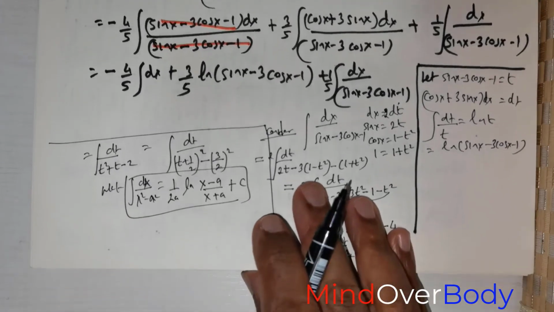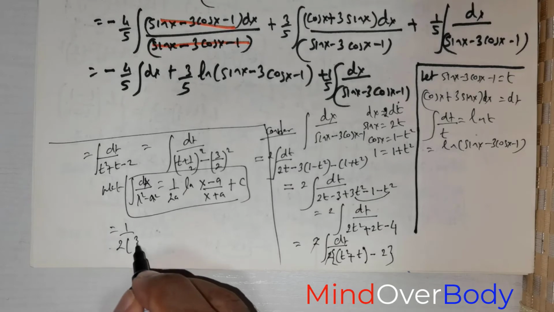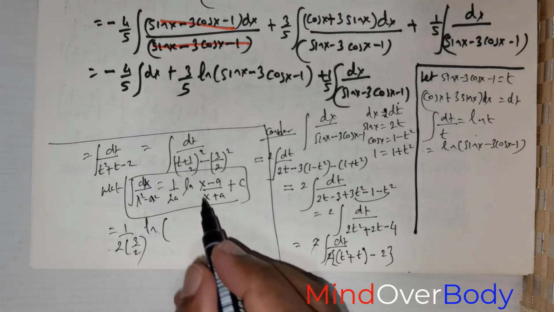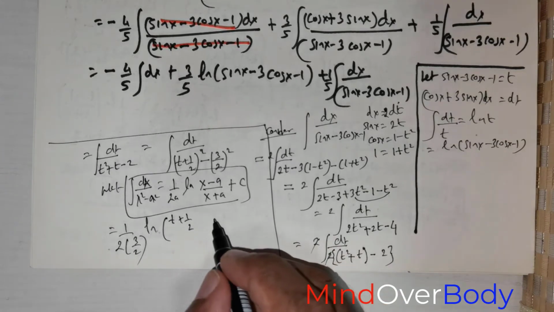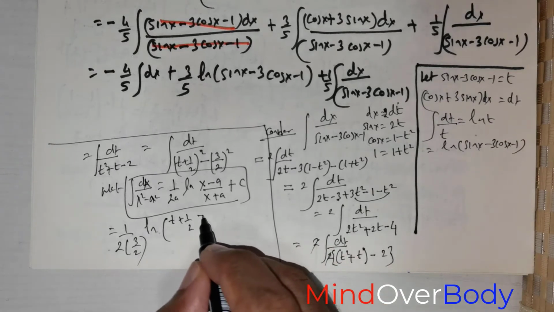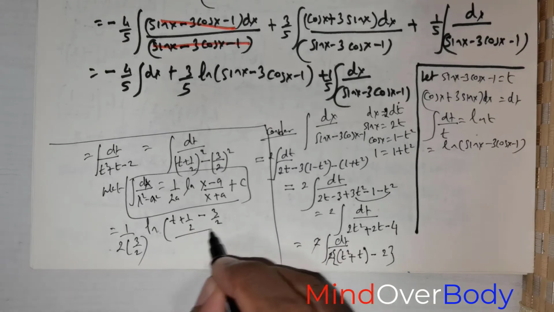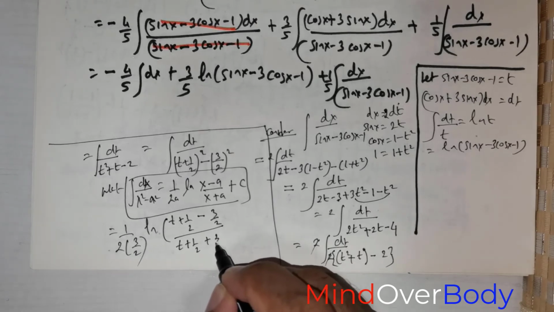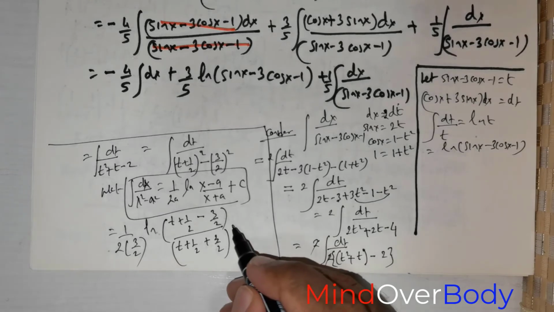So if I were to use that, this is going to be 1 over 2 times a, which is 3 over 2, ln of my x, which is t plus 1 over 2, minus my a, which is 3 over 2, divided by t plus 1 over 2 plus 3 over 2. So we have to do some simplification.